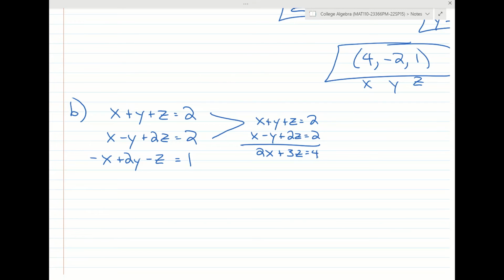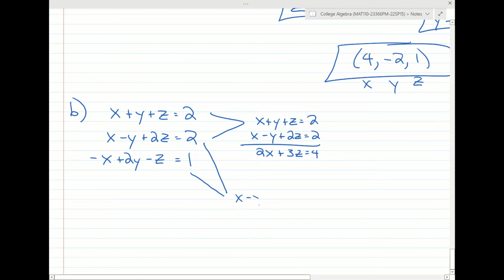Okay, so we could either pick the second and the third, or we could pick the first and the third. That doesn't matter. You just can't use the first and the second. So if it doesn't matter, I'm going to pick the second and the third equations.